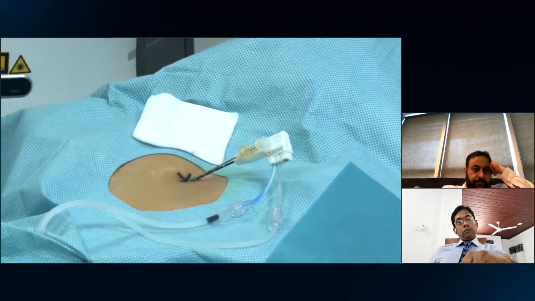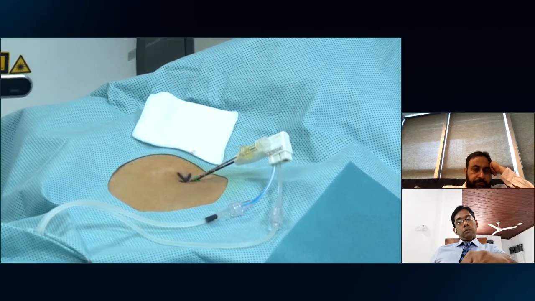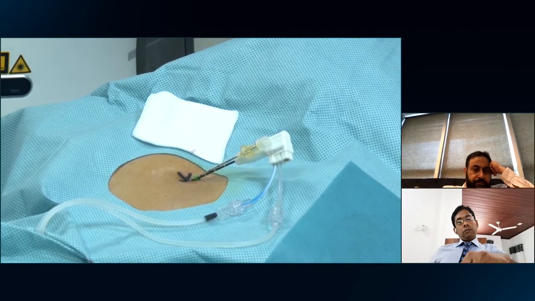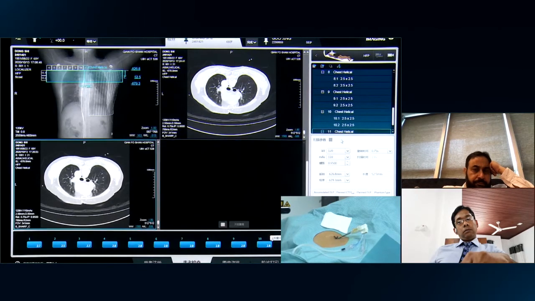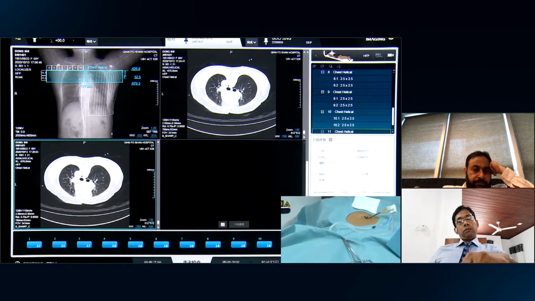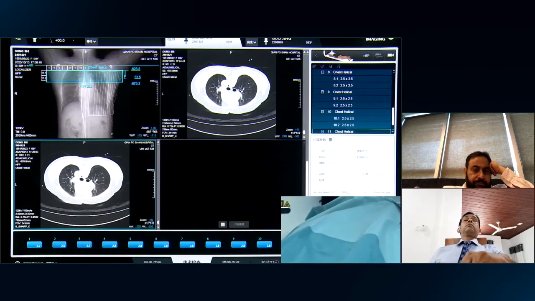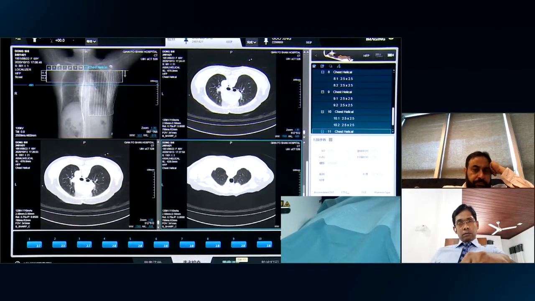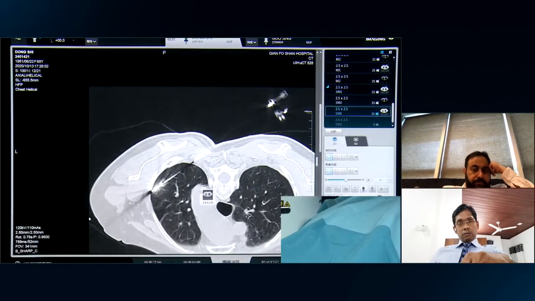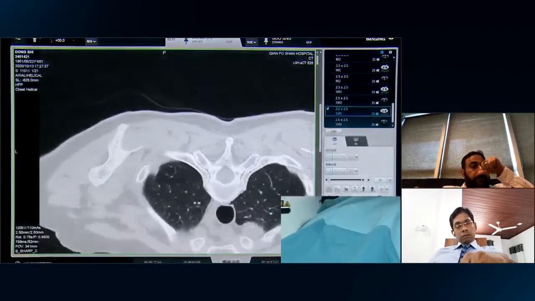Yeah, he just placed the biopsy needle parallel to the antenna, parallel to the microwave antenna. Yeah, the biopsy needle is approaching.